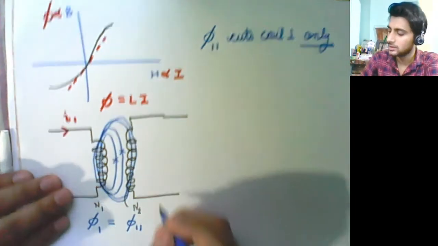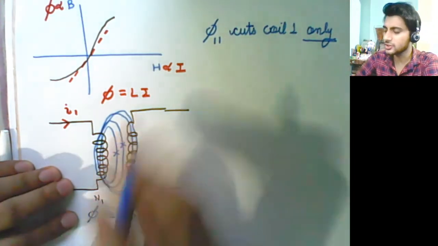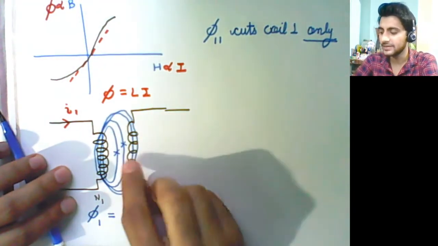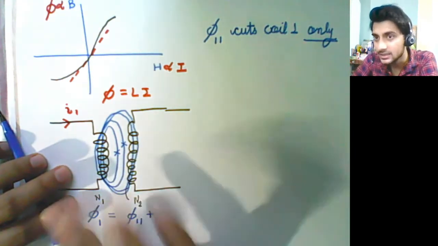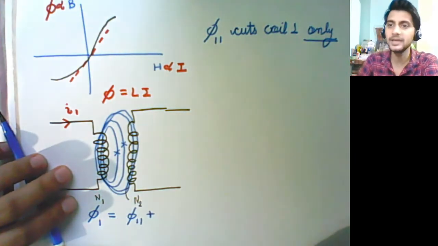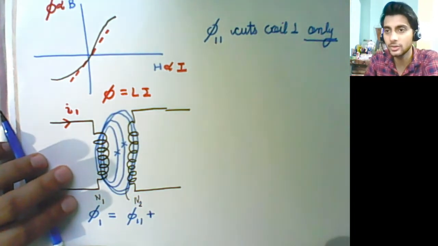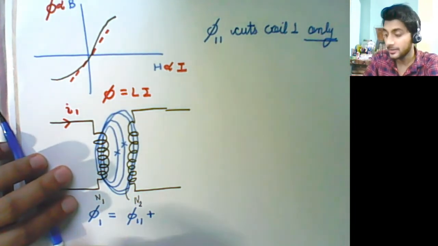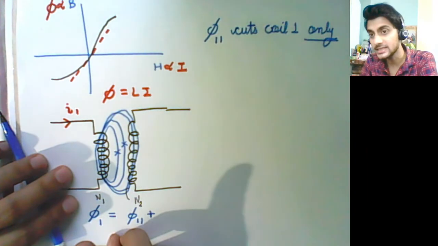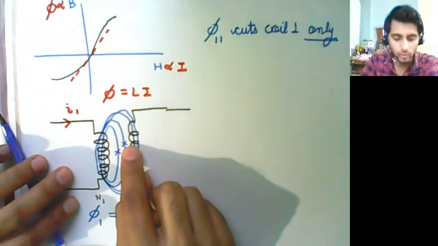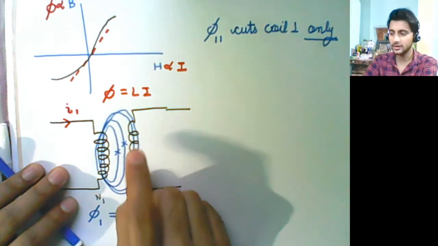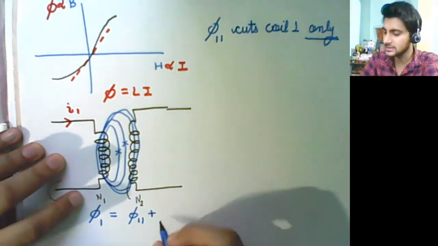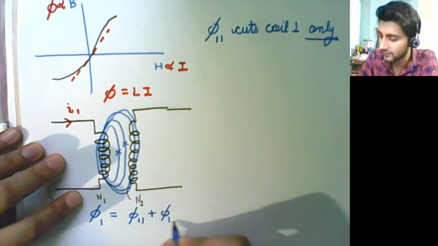Now I can write, because it is not the total. If I take only those flux lines which pass through coil 1 only, not coil 2, it is not the complete definition of phi 1, because I should also consider some of the lines which are passing through coil 2 also. Okay. So I should also consider phi 12.